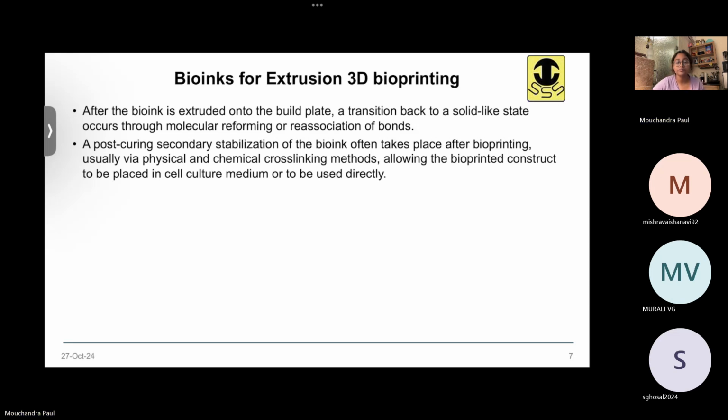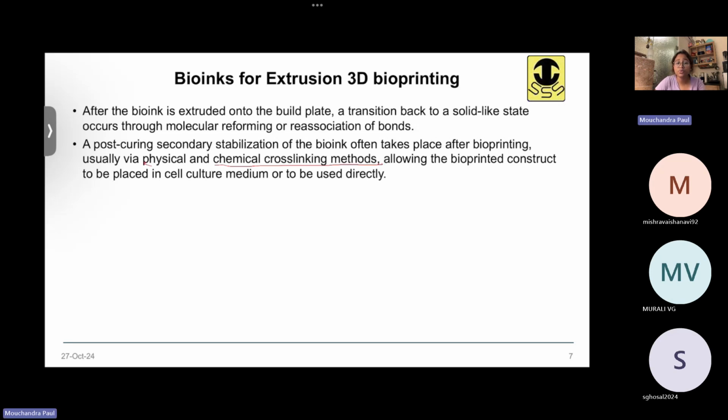Now, often some bioinks require post-printing processing. After you print, you do some processing to make sure the shape you gave it is retained. People use chemicals to form permanent bonds, or use physical methods as well.